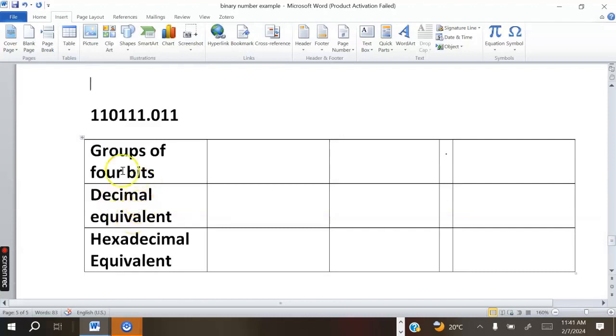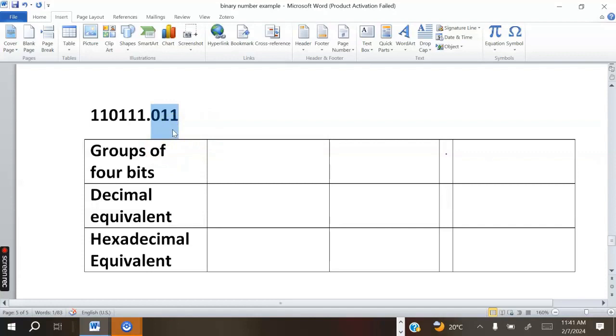Our next number, we have 1, 1, 0, 1, 1, 1. This is the integral part, while for the fractional part, we have 0, 1, 1. So step number 1, you need to remember the rules. As you can see, the fractional digits are not enough to make 4.